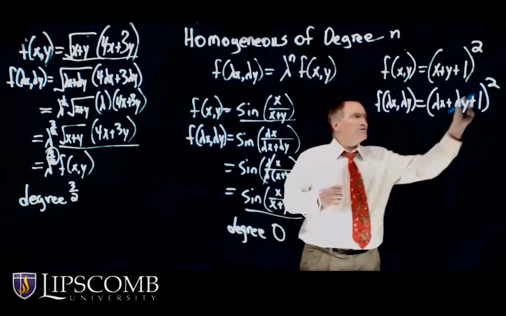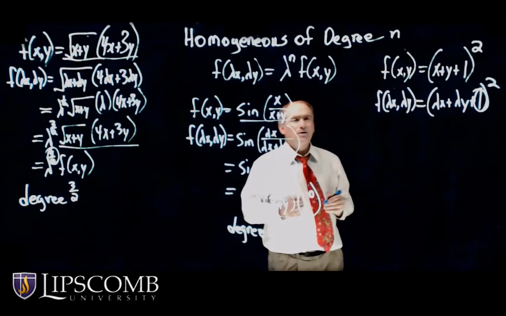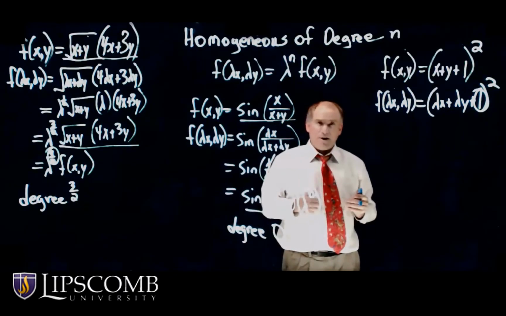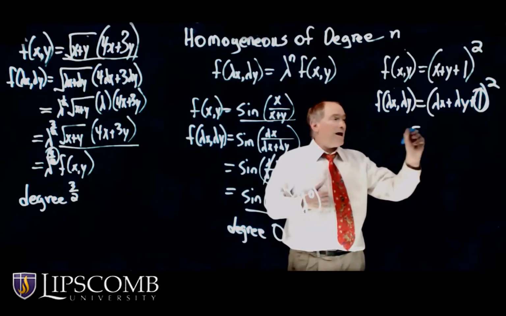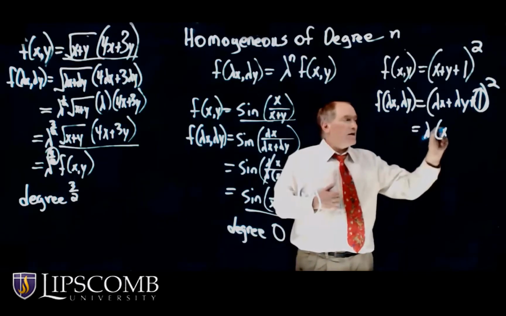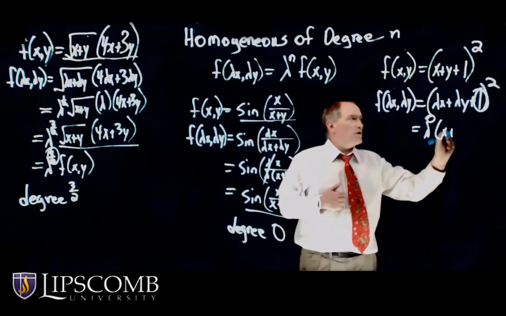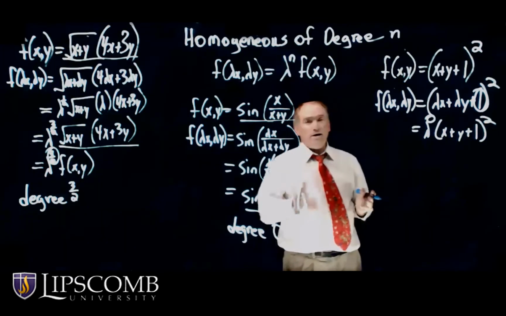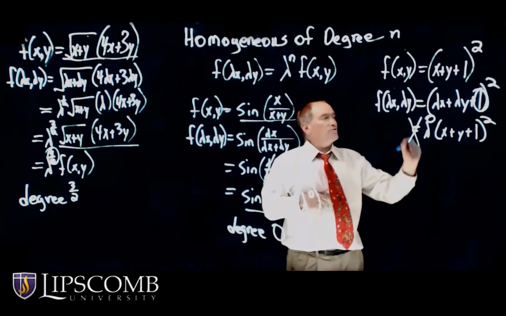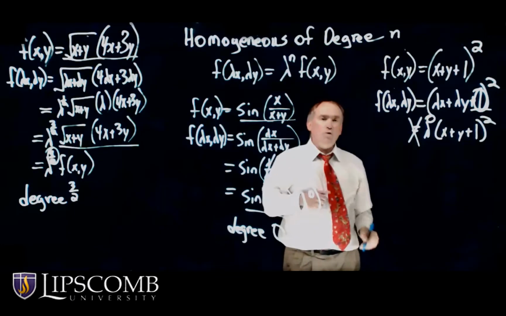But the problem is this one: I can't factor a lambda out of this whole thing and have lambda to some power times x plus y plus 1 quantity squared. Why can I not do that? Because there is no lambda in the 1.